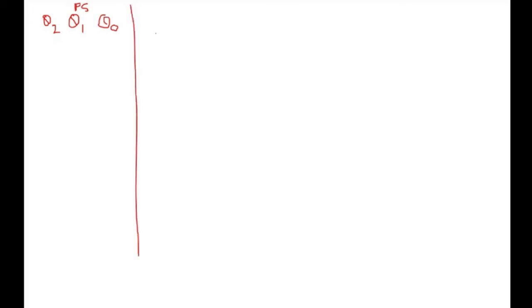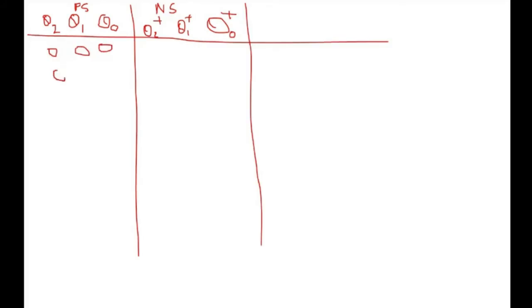Then we will be having the next state. Next state will be Q2 plus, Q1 plus, and Q naught plus. We will be having total 0 to 7, total 8 combinations.